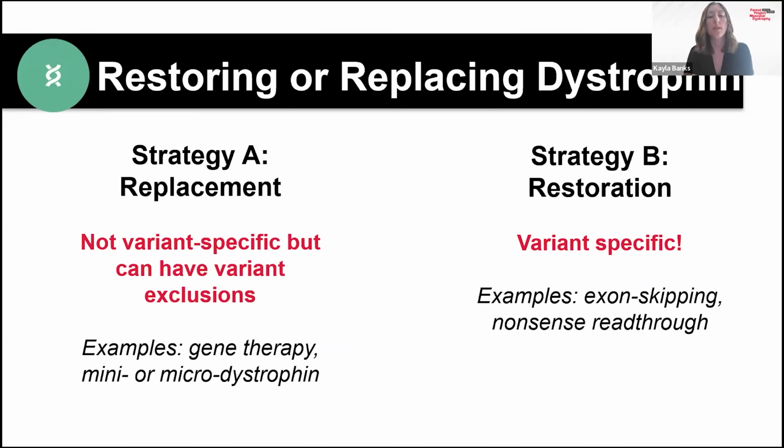Replacement therapies, such as gene therapies, are not variant specific, but may have variant exclusions or specific variants that are not eligible. This may include higher safety concerns for individuals who have variants within a certain region of the gene. Restoration therapies include things like exon-skipping and read-through therapies, which are targeted to a category or specific set of genetic variants.